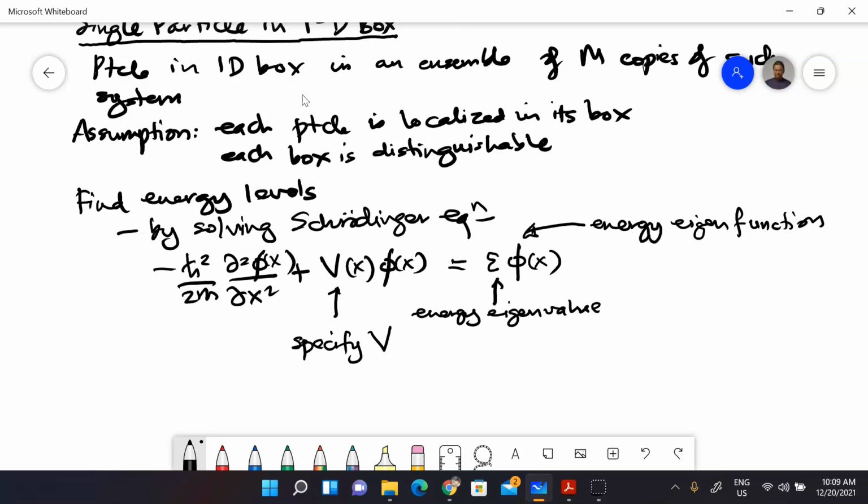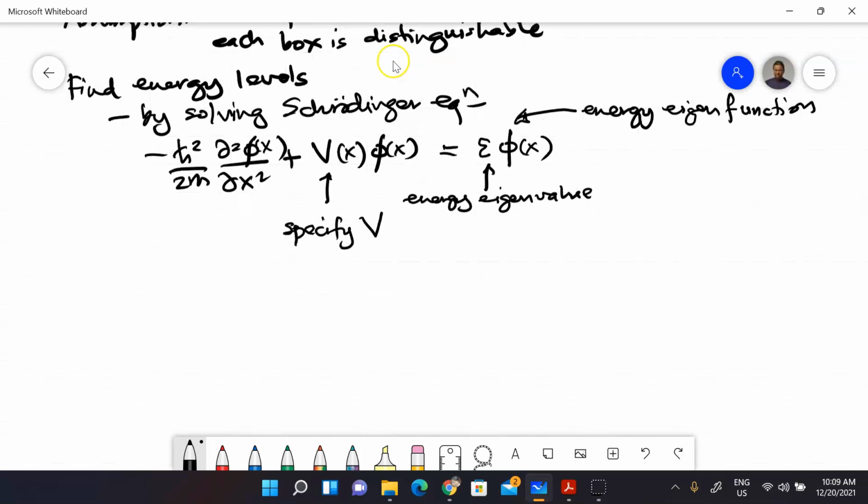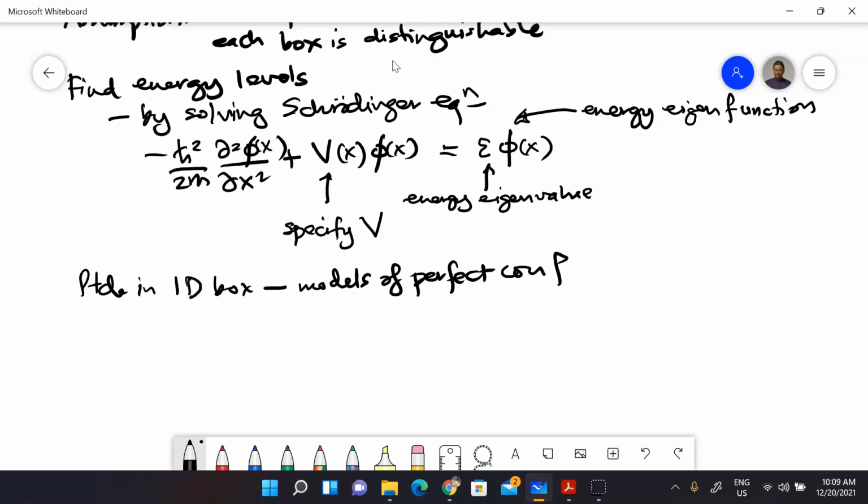Okay. So in the case of the particle in a 1D box, it's quite easy to do. The particle in a 1D box models what we call perfect confinement. I mean, it stays in that particular box without going out.